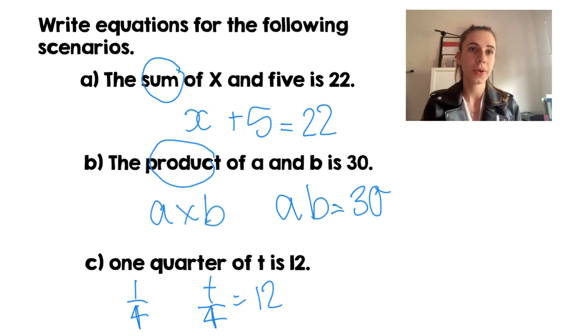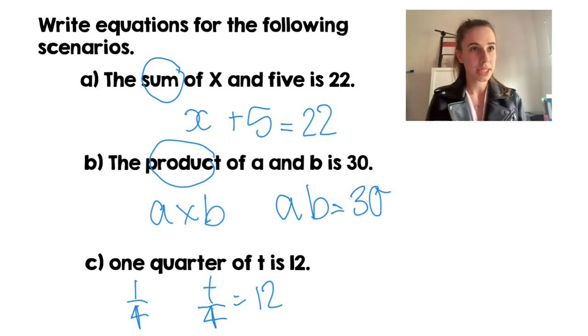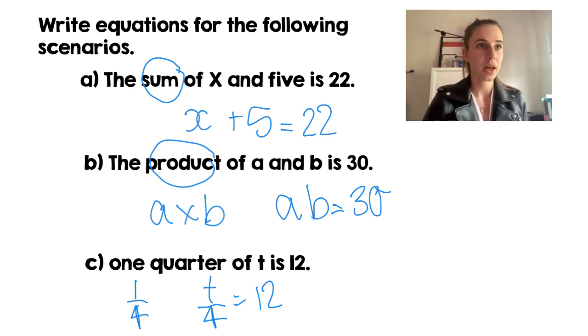So in this video, we've gone over the difference between an equation and an expression. Remember, an equation has an equal sign, and it's saying that the left-hand side is equal to the right-hand side, whereas an expression is just a mathematical statement. It doesn't have an equal sign. So we went through the 3 types of questions.